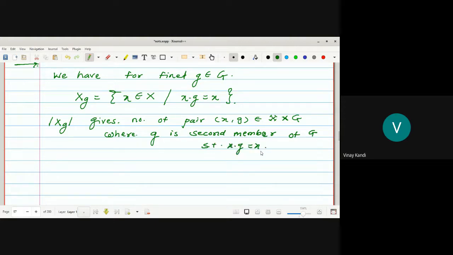Which is correct. Yes, sir. That means it gives the number of pairs. If there are 5 elements, I get 5 pairs: x1g is equal to x1, x2g is equal to x2, so 5 elements will satisfy this condition.